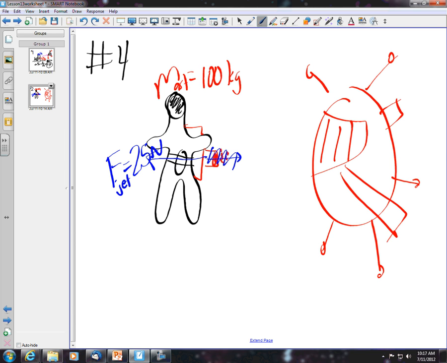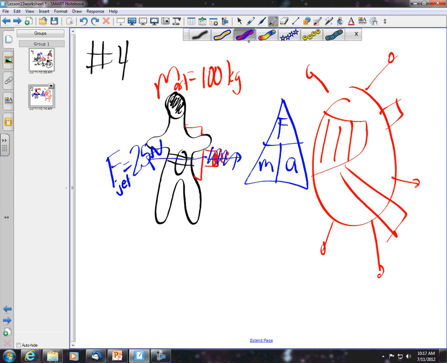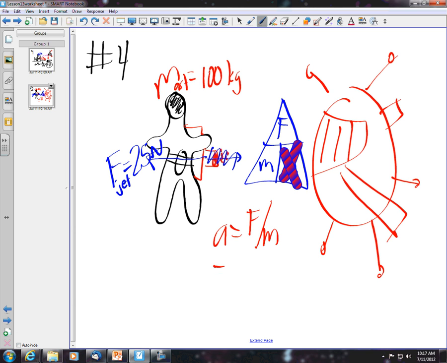So again, it's just saying solve for acceleration. Force is mass times acceleration. Cover it up, sorry. And again, acceleration is force divided by mass. The net force is 25 newtons.